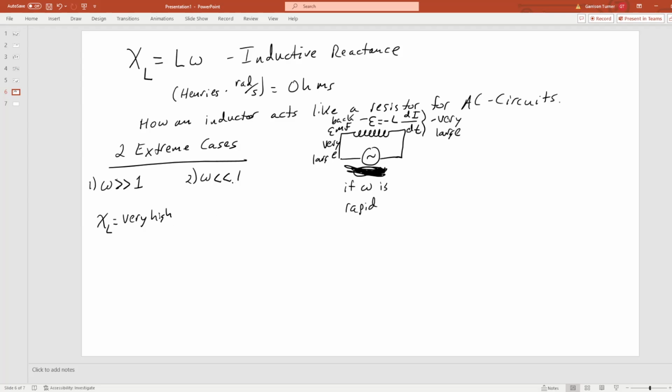But if omega is very small, then, okay, so let's label this case 1.